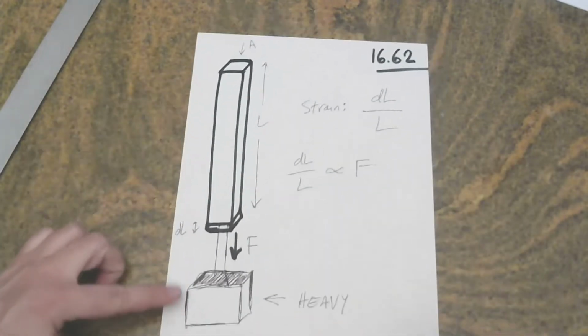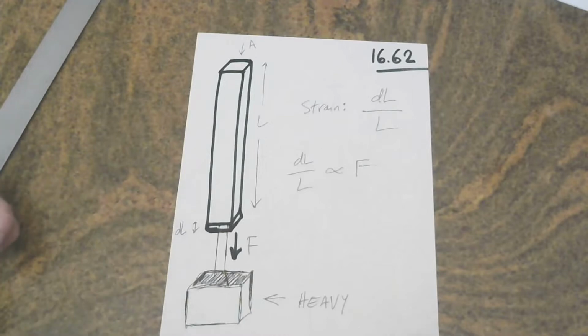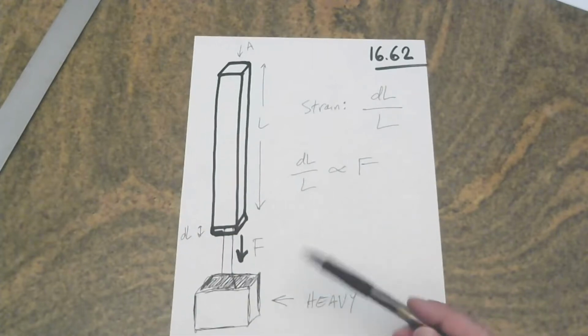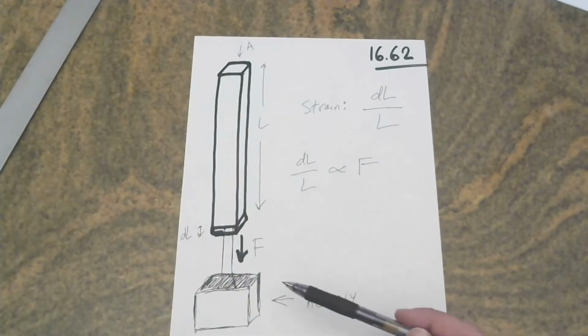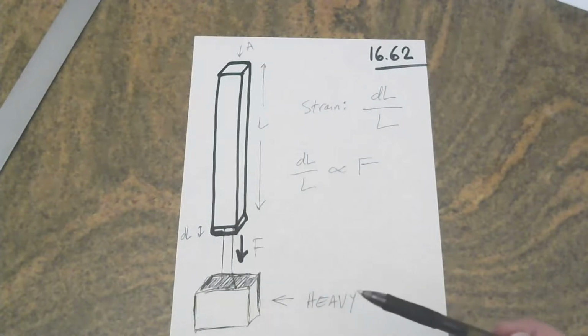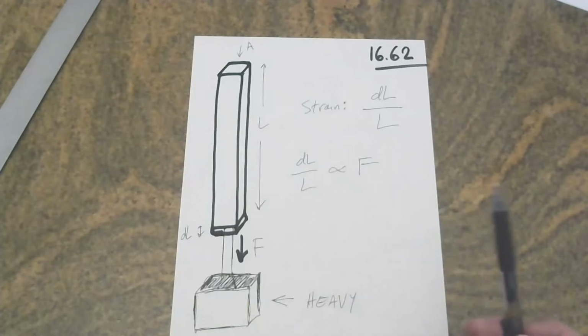Twice the weight down here should produce twice the strain, twice the fractional change in length. Now, that may not hold true as you hang larger and larger weights. Like if you hang 1,000,000 pounds compared to 1,000 pounds, you're probably not going to get 1,000 times the stretch, right?